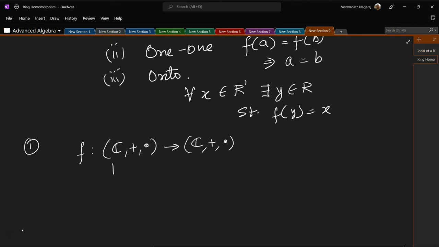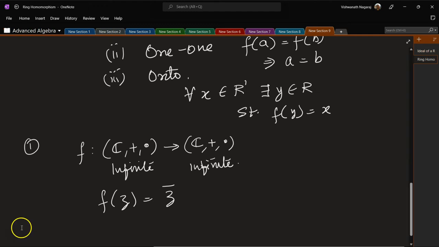Okay, remember this is infinite, just as an interesting point, and this is also infinite. And the function itself, what it does is it takes a complex number and gives us its conjugate. So if you take a complex number here, on this side it will map to its conjugate.